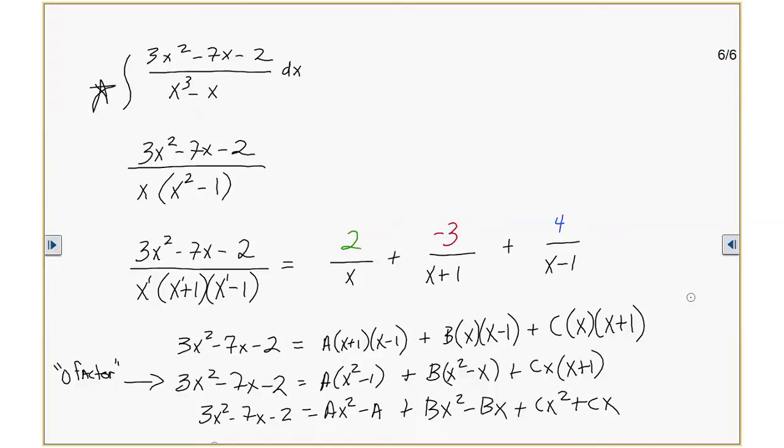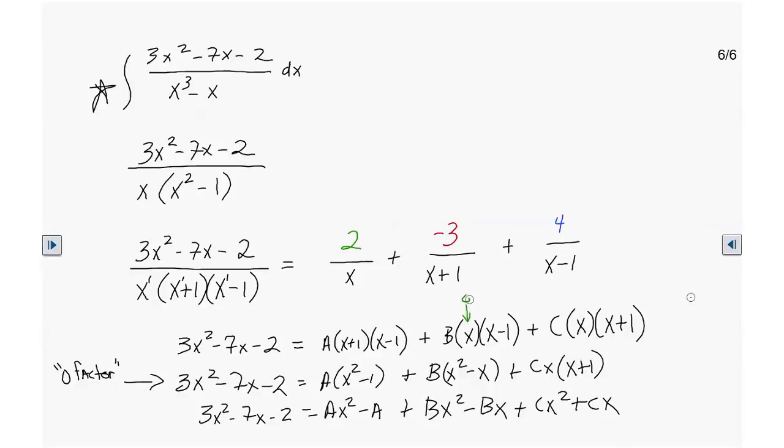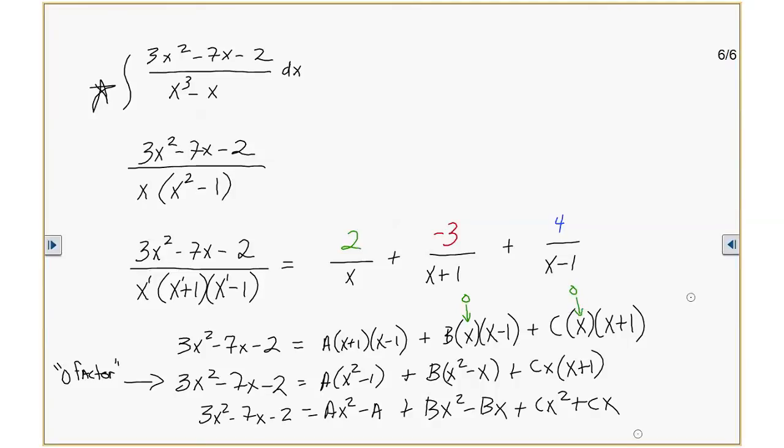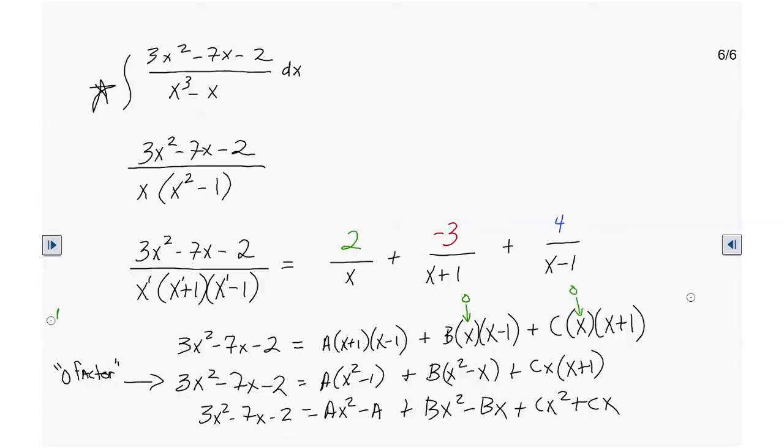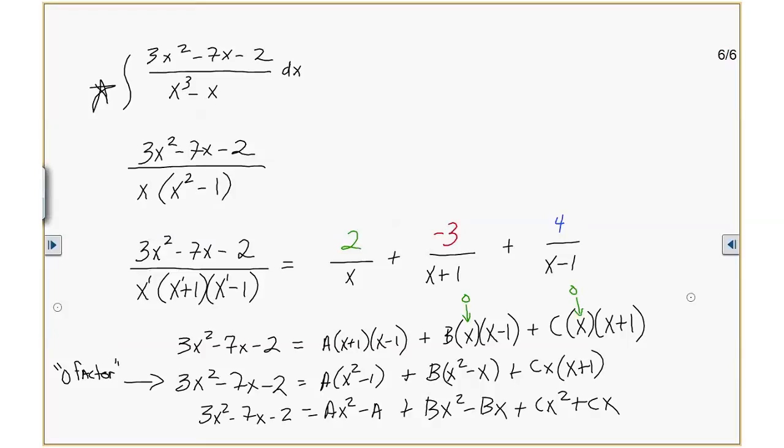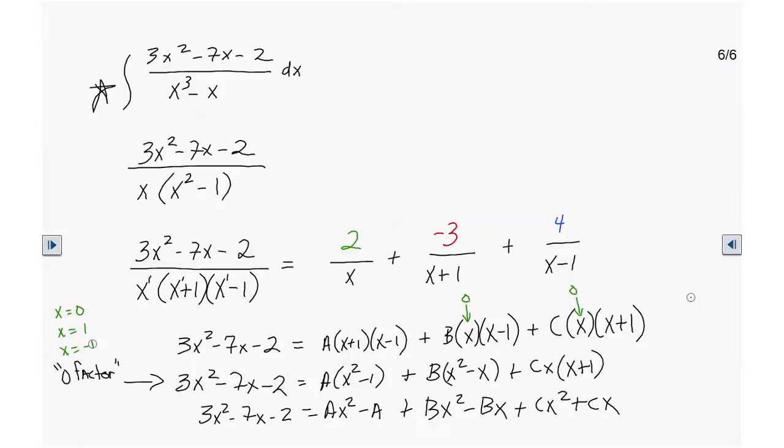If we want to get rid of these two, can I put a 0 right here? And wouldn't that take out those two terms? So your three numbers that you're going to use to zero out: x is equal to 0, x is equal to +1, and x is equal to -1.